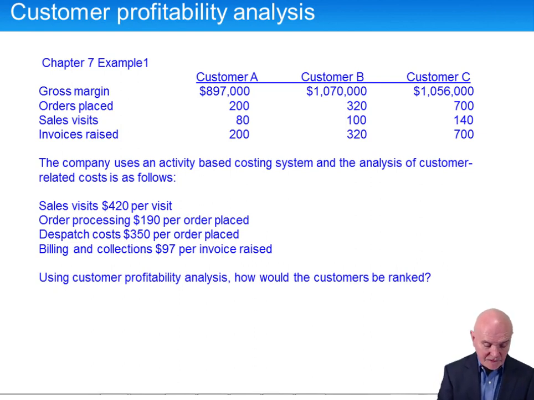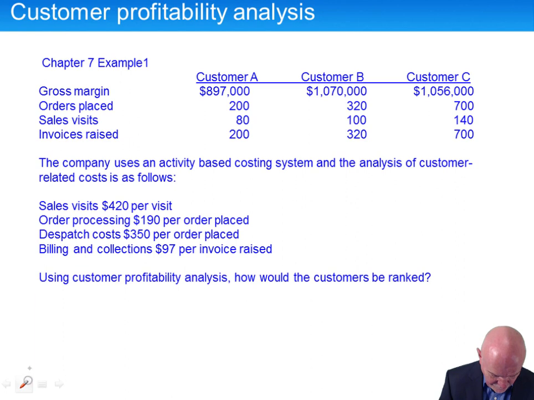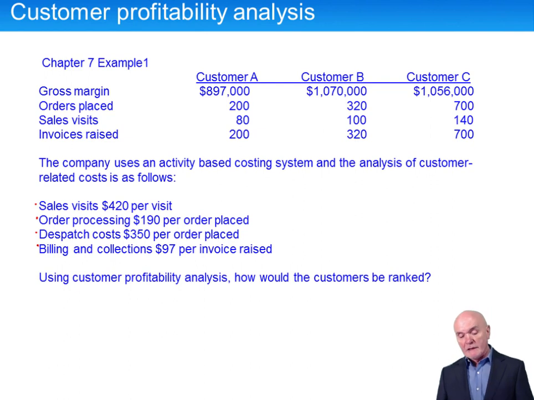There are sales visits in there. Let me see if we can get this to right. There we are. There's some sales visits there. It takes some costs to process orders, dispatch costs, and the billing and so on. And it's really, really simple.